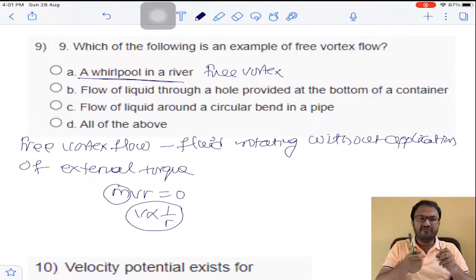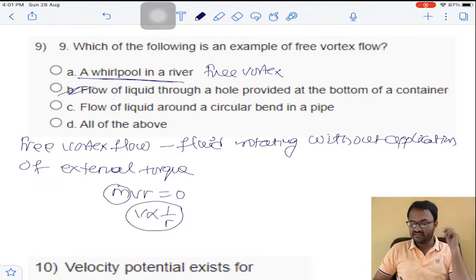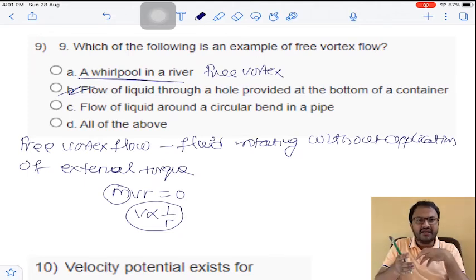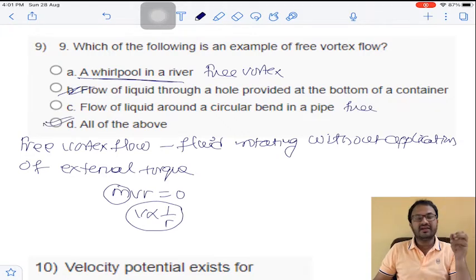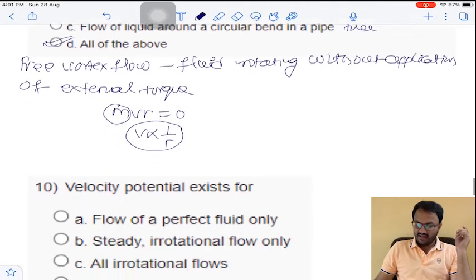Obviously, automatically the fluid will rotate. Option B is also an example of free vortex flow. And flow of liquid around a circular bend. We are not applying any external torque, we just provided the bend. It is also an example of free vortex flow. So all the given options are examples of free vortex flow. Option D for question number 9. Clear? Next question.